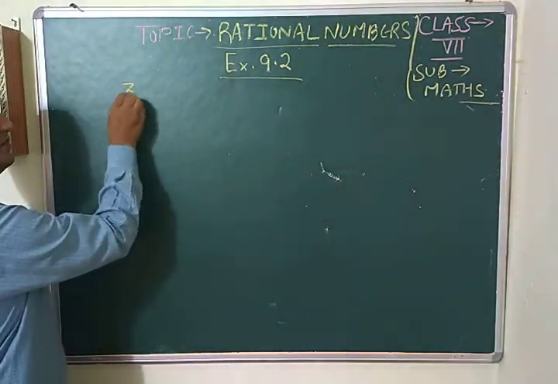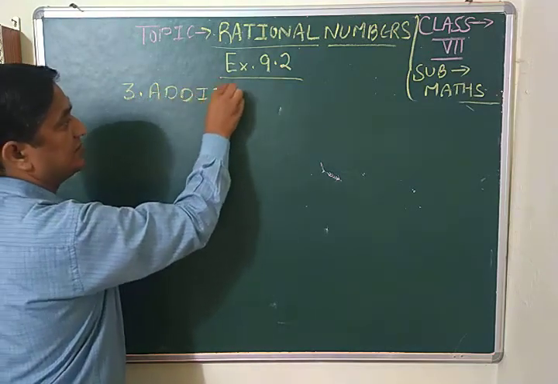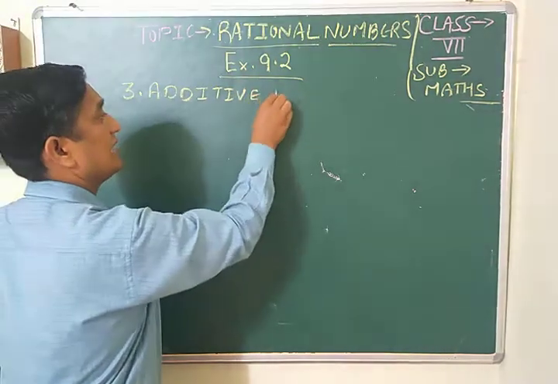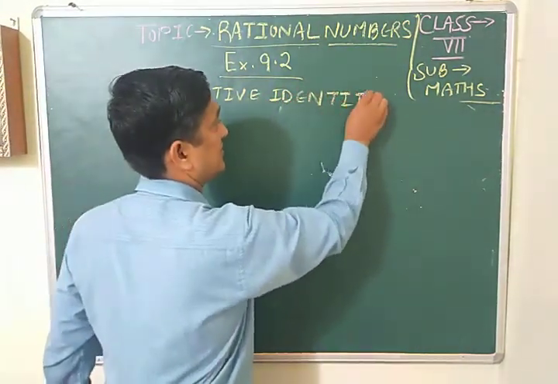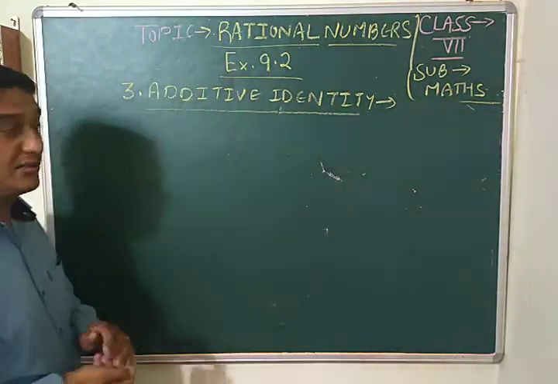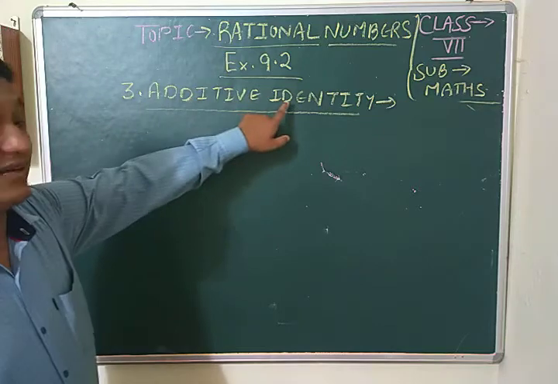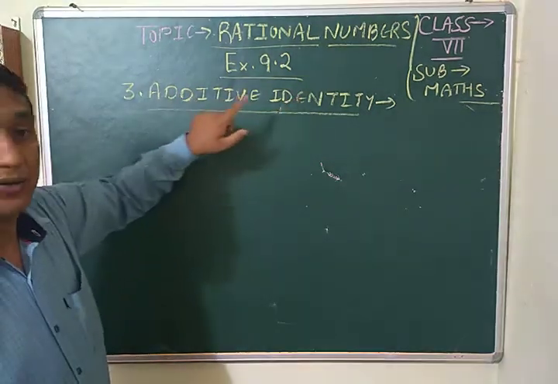Third one is additive identity. Children, please check this. This is additive identity, and this is different from the additive inverse. Don't get confused.